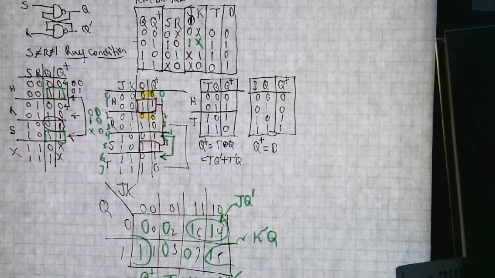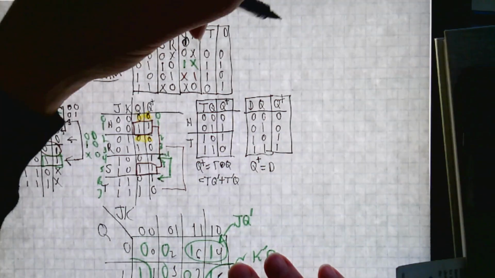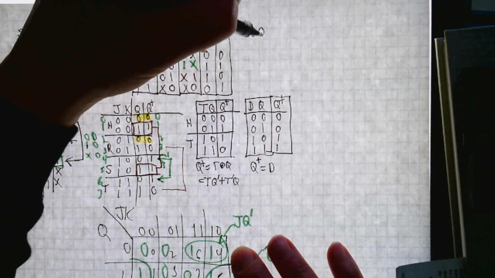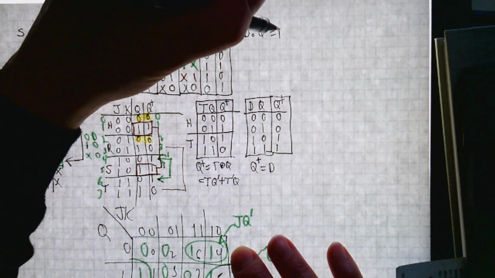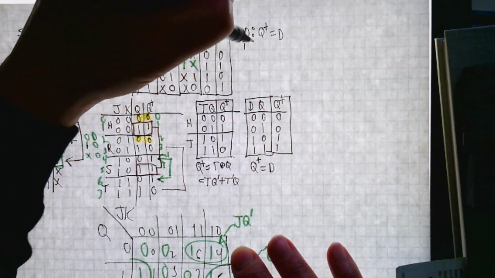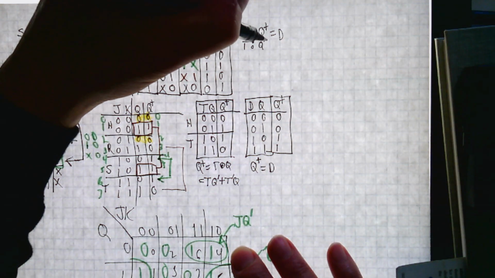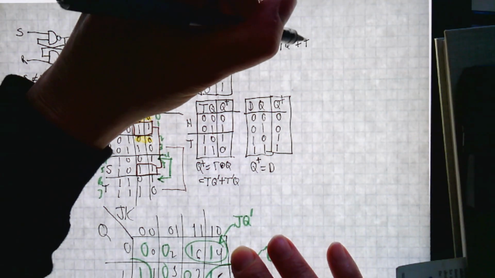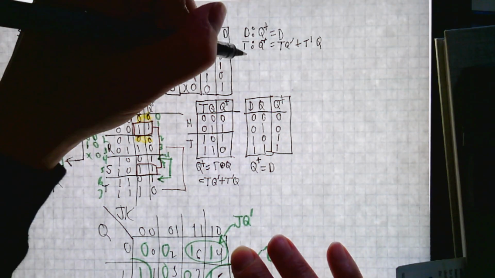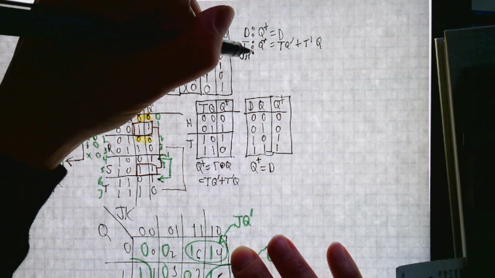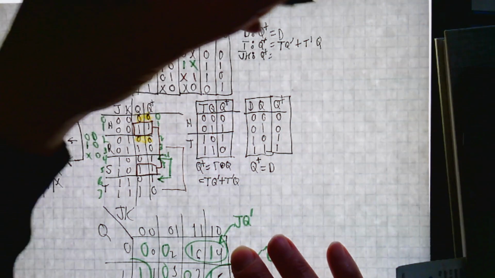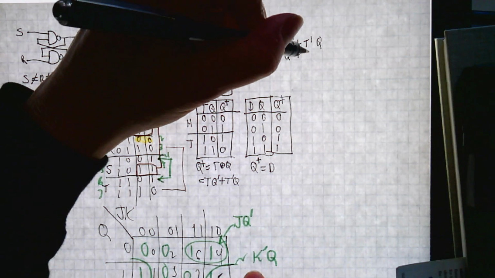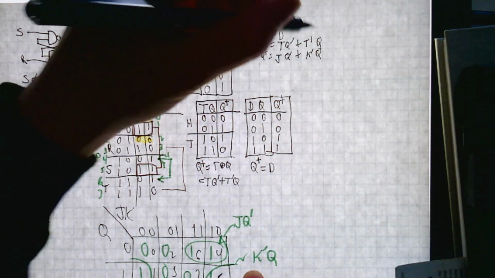So I can summarize what I know so far. What do I know? For D, Q plus equals D. For T, we have Q plus equal to TQ prime or T prime Q. For JK, Q plus is equal to JQ prime or K prime Q. And you can see the analogy here.